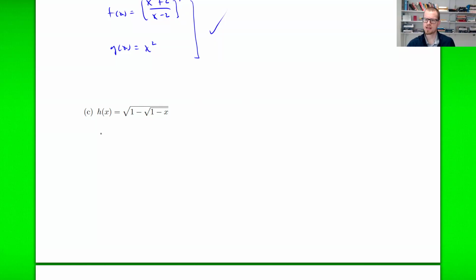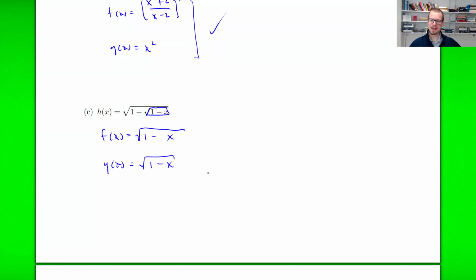So I'm taking the function f of x, and plugging this into that. I could think of it that way just fine. So I have the square root of 1 minus that something. That's my outer function, and I'll just call that something x for now. And what is that something that I'm plugging in? It is the square root of 1 minus x, the thing that I've kind of boxed there.